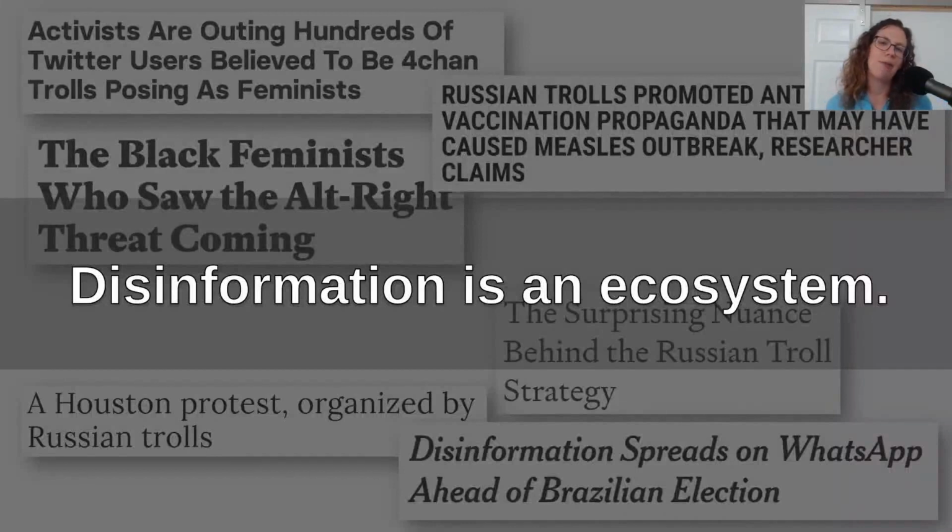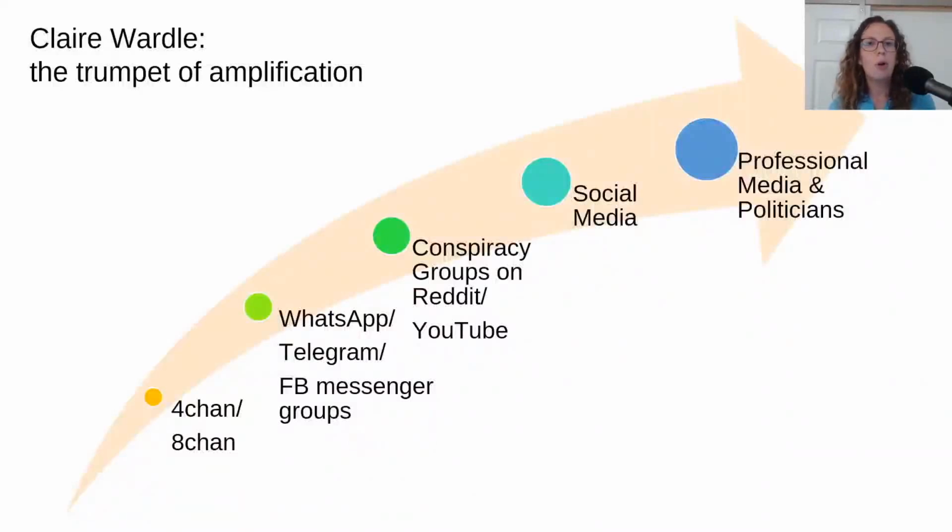But going back to what is disinformation, it's important to think of it as an ecosystem. Again, it's not just a single post or a single news story that is misleading or has false elements in it, but it's really this broader ecosystem. Claire Wardle of First Draft News, who is a leading expert on this and does a lot of training of journalists and how journalists can report responsibly, talks about the trumpet of amplification.